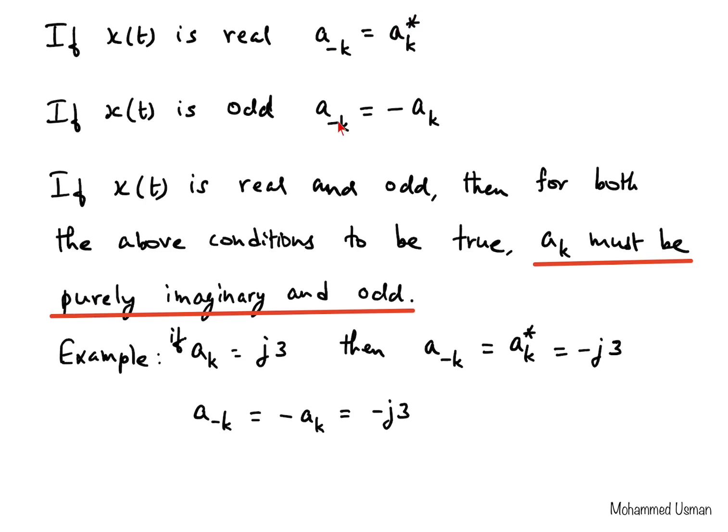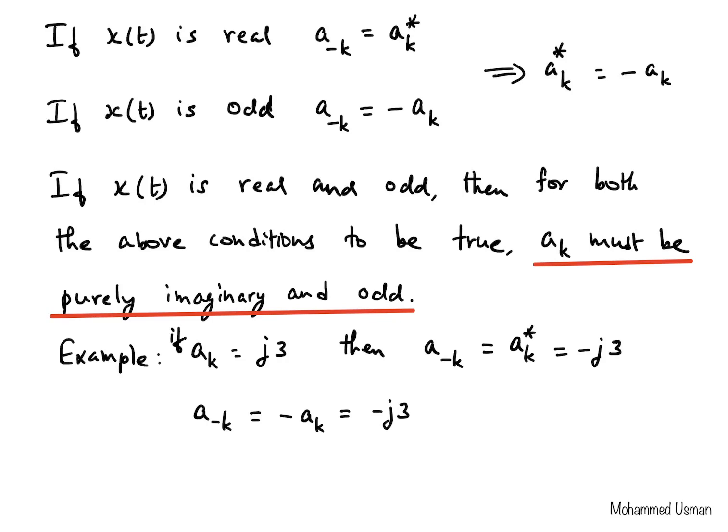So we see that a minus k is this and a minus k is this. So if the signal is both real and odd, then both these conditions must be satisfied. So that implies that ak star is equal to a minus k, is equal to minus ak, right?